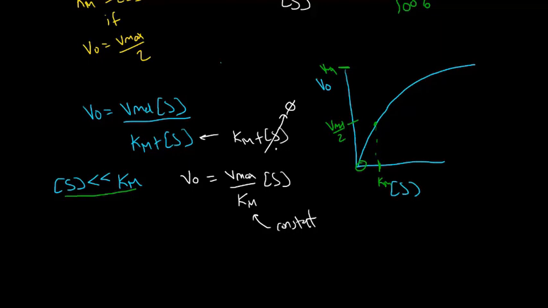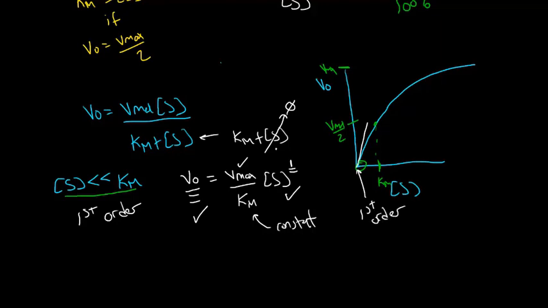So the velocity of the reaction is directly proportional to the concentration of the substrate to the first power. We have rate equals a constant times the concentration of a reactant to the first power. So when the substrate concentration is a lot smaller than Km, this is a first order reaction, and the kinetics we observe follow all predictions we would make for a first order reaction. This part of our graph is first order.